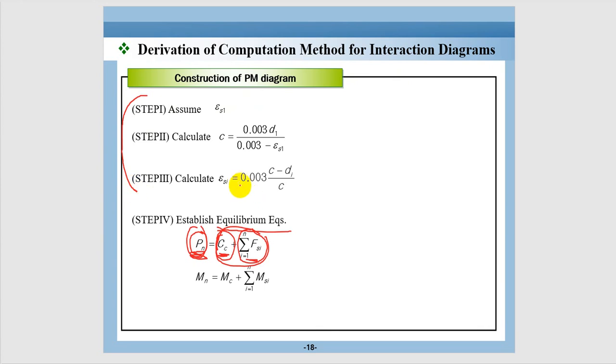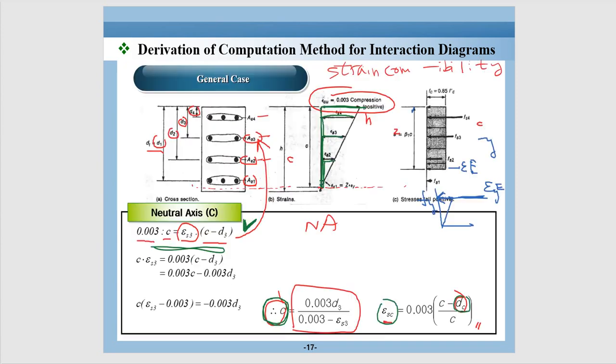Now we calculate all strains of levers as long as we know the concrete strain, which is 0.003. Anything else you want to ask me? Take a look for a second, and if you're not sure about it, then repeat this video. But this is very important.